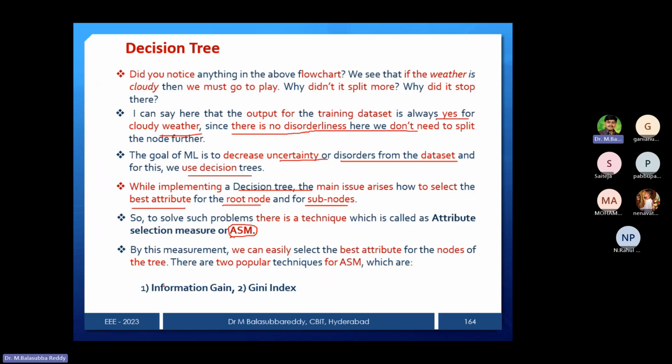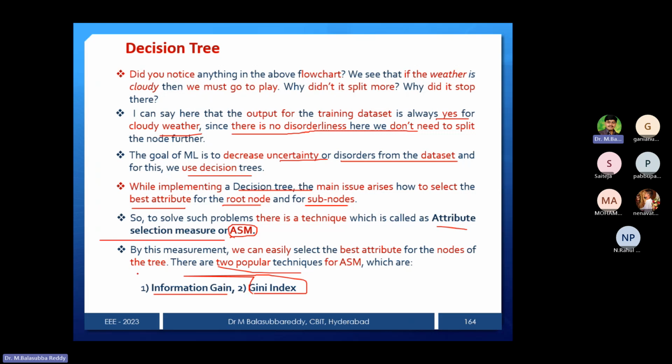There are two popular techniques. One is information gain, another one is the Gini index.